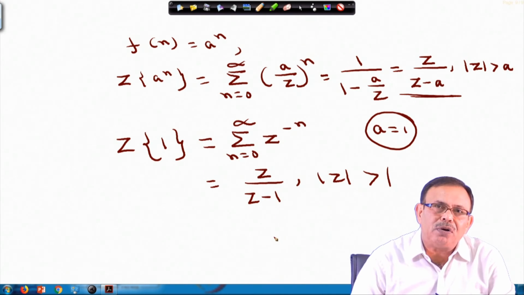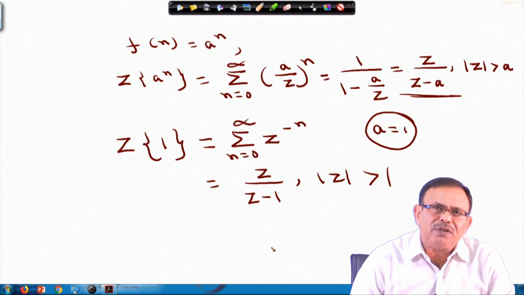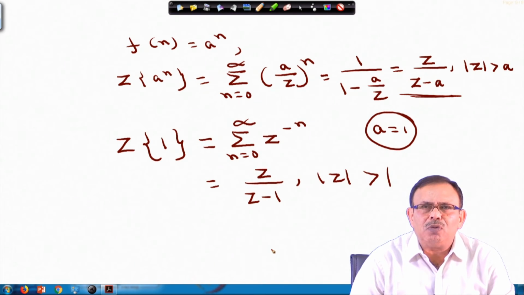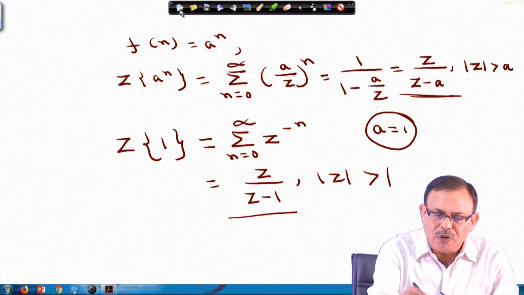So, therefore, please note this one, the Z transform of a to the power n is equal to z by z minus a. The definition is quite different, because as you can understand, here f(n) is a sequence and it has discrete values for n equals 0, 1, 2 like this. So, the Z transform of a to the power n is z by z minus a, whereas the Z transform of 1, simply by substituting a equals 1, I can obtain as z by z minus 1.